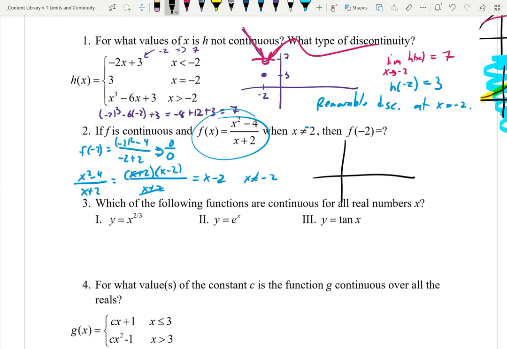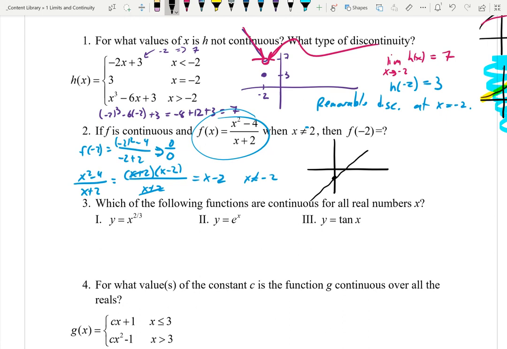So what the function f of x is going to look like is it's going to pass through -2 on the x-axis, with a slope of 1.